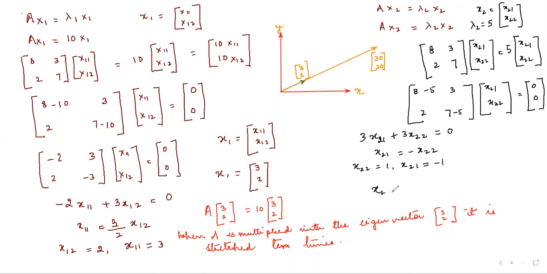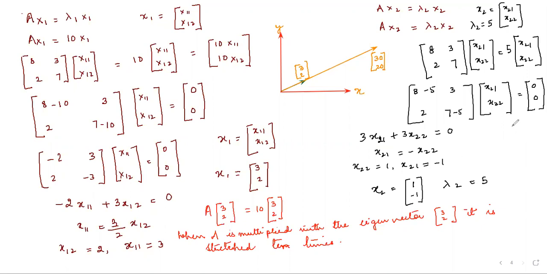So what is the x2 vector? Which is 1 minus 1. And lambda 2 is equal to 5. Now again here we have A, so what is the equation now?